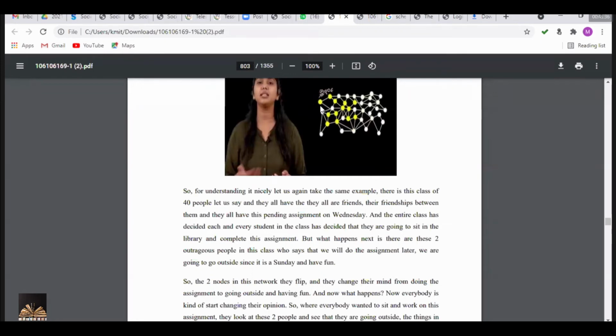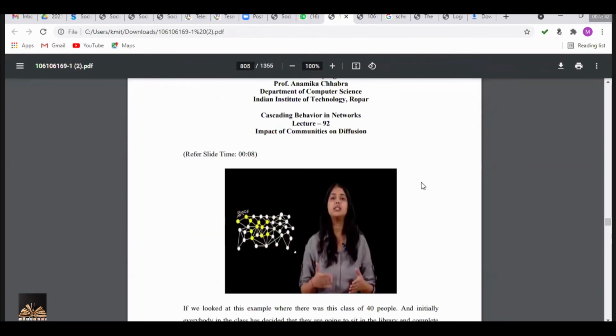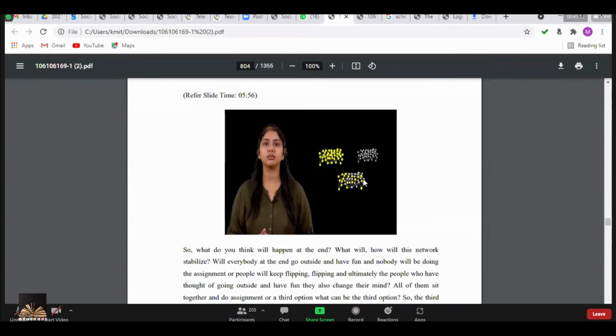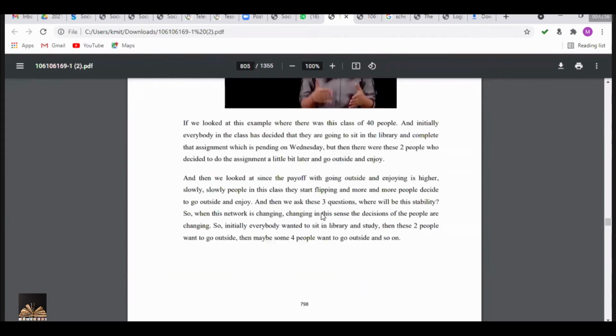So this is called social reinforcement. You're getting me, guys? Even though all people may get their minds changed, there are some people who never change, and that depends on the cluster density. I will discuss that later, right?